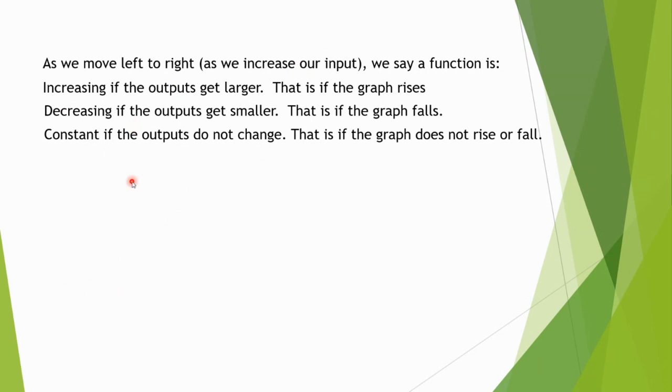To be decreasing, the output gets smaller. The graph falls. It's moving southeast. And it's constant if the outputs don't change. If the output is not changing, then the graph is not rising and it's not falling. It's horizontal.